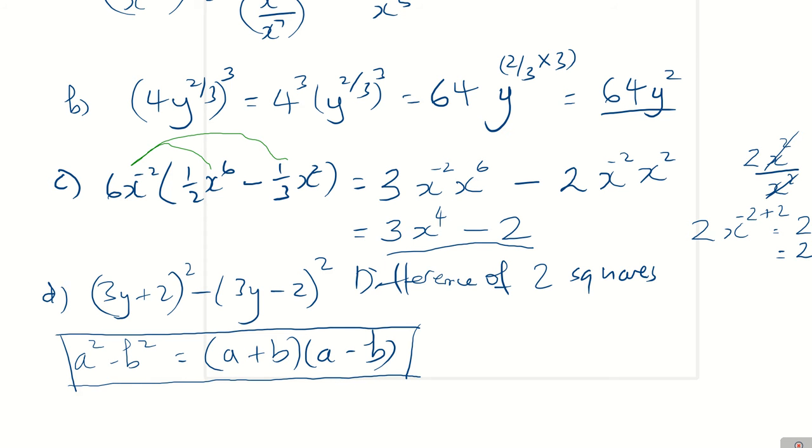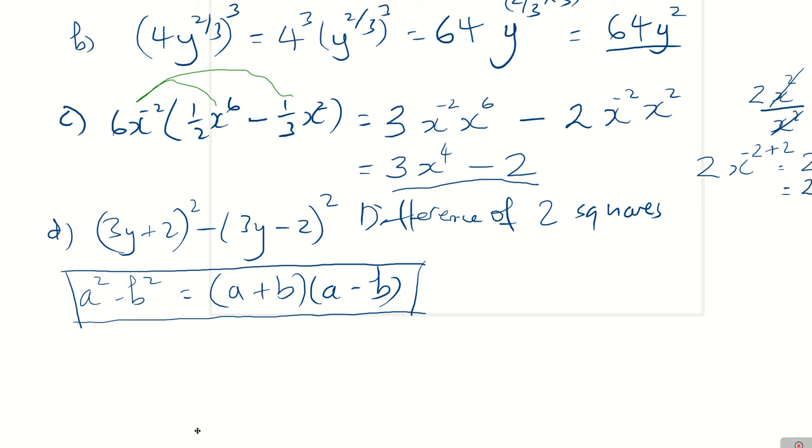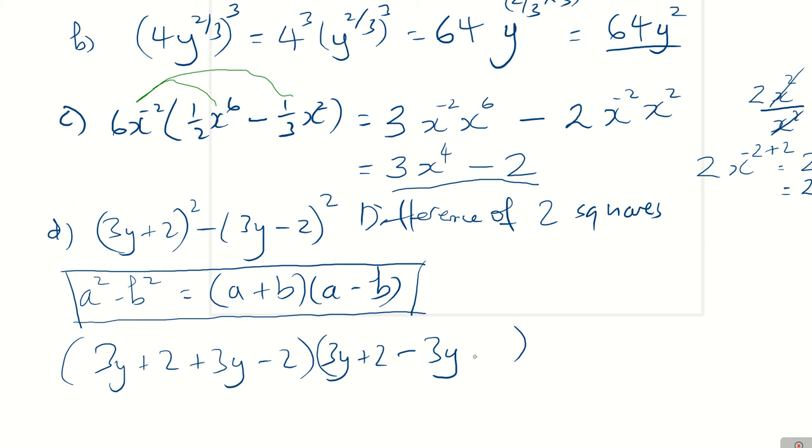So if we use that idea, what we're going to get is A plus B is 3y plus 2 plus 3y minus 2. Okay, and then A minus B is going to be 3y plus 2 minus 3y minus 2. Now we're doing a minus of a minus when we come to the 2, so that's going to change to a plus.